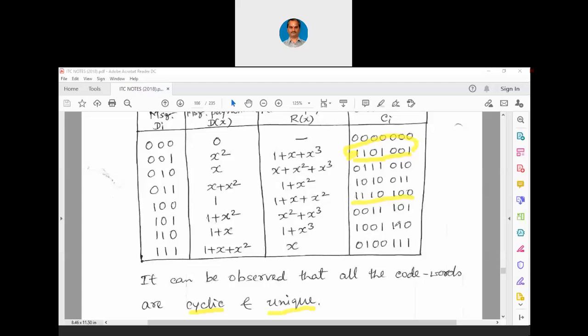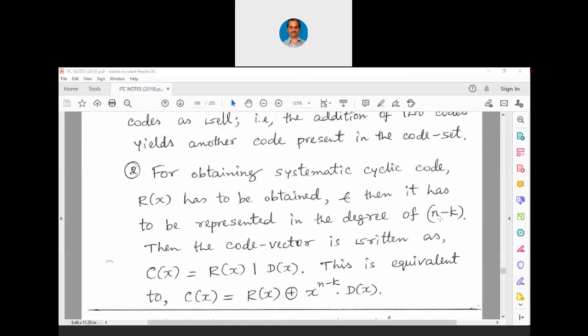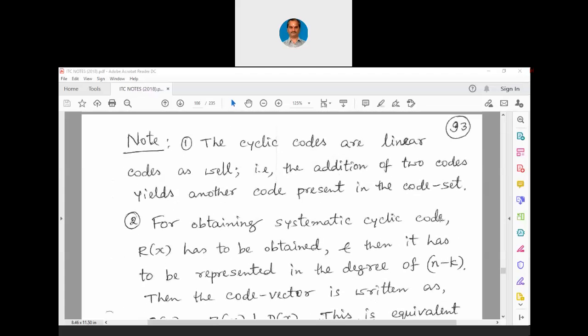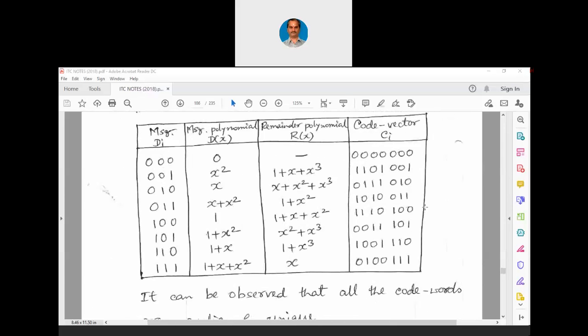You can also see that they are linear. That property is also there. Linear means what? If two code vectors are added, it will result in another code vector. That I will tell you later on after I tell you this note. The cyclic codes are linear codes as well. That is, the addition of two codes yields another code present in the code set. Let us see that.